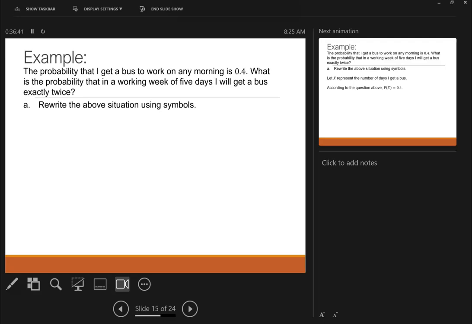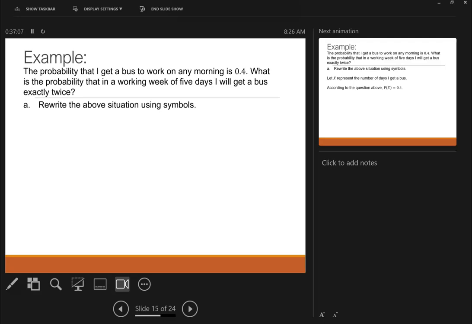So, is there a fixed number of trials? How many trials are there? 5, 1 for each day of the week, good. Is the probability known? Yes. Is it fixed? Yes. Do we have 2 outcomes? Yeah, what are the 2 outcomes? We make the bus or we don't, right?